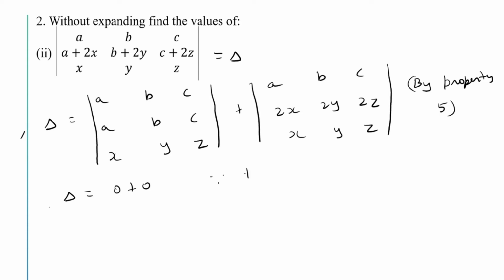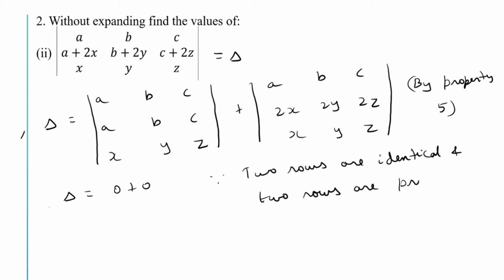Since two rows are identical and two rows are proportional. Therefore, the value of the given determinant is equal to 0.